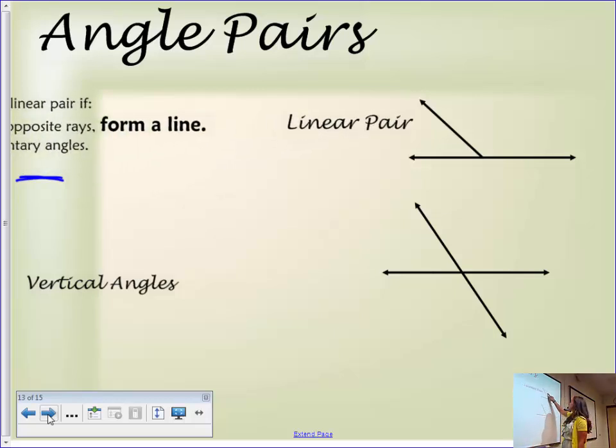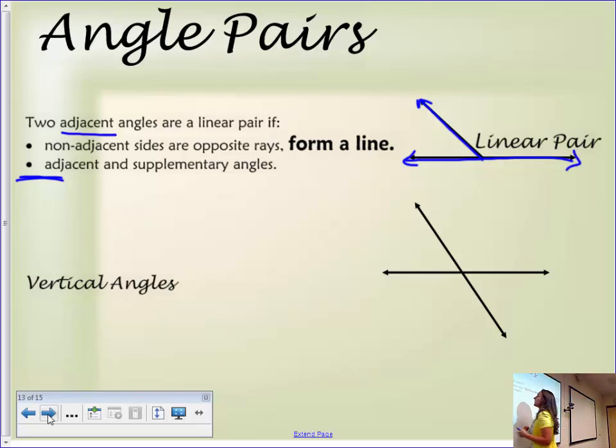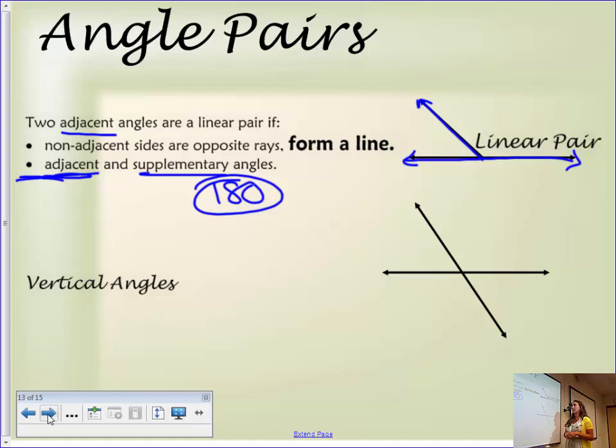It's two angles that are adjacent, so like we talked about, they have to be touching, and they form a straight line. So a linear pair is 180 because they're adjacent and supplementary. We know 180 is a straight line, and that's what a linear pair is.